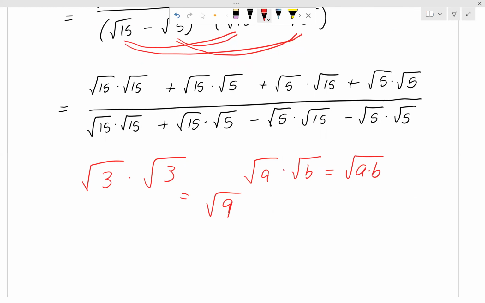But I know the square root of 9 is 3. All right. So if I multiply square root of something times itself, I get back whatever the something is inside my square root.